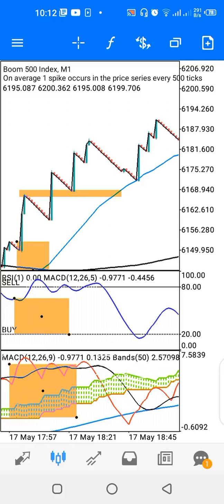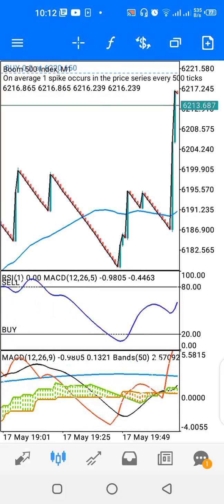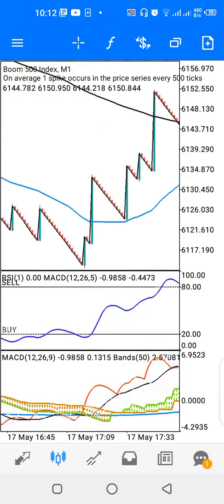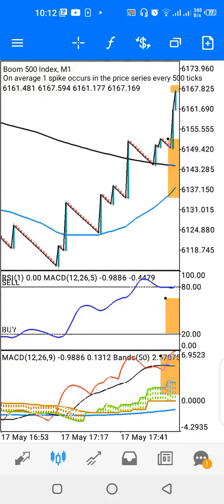So that's the last of the parameters for the indicators. A very good strategy. Make sure you backtest. When you have a strategy, make sure you backtest it. Don't just try a new strategy with your money, with your live account. Practice on a demo account first.